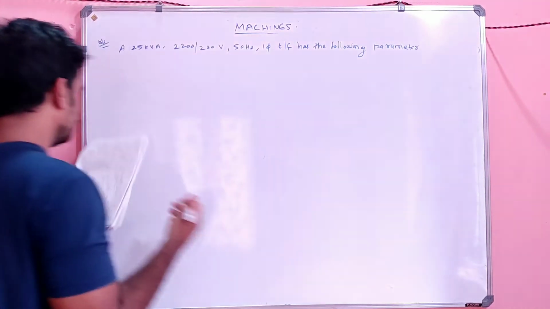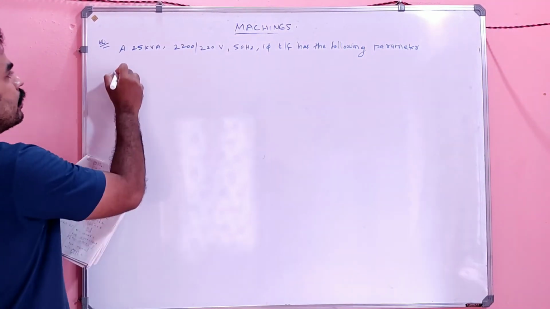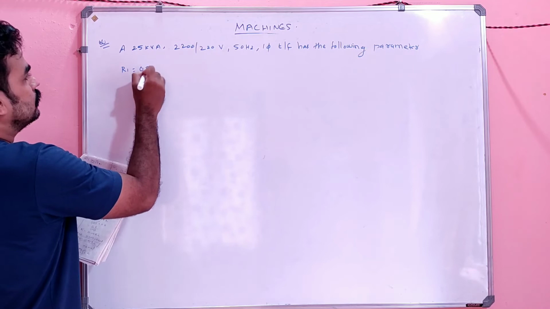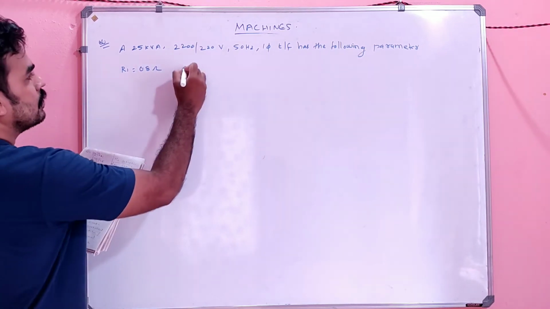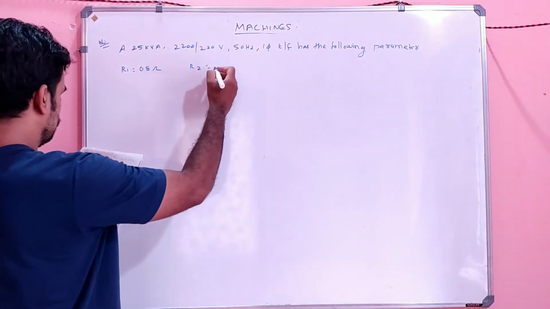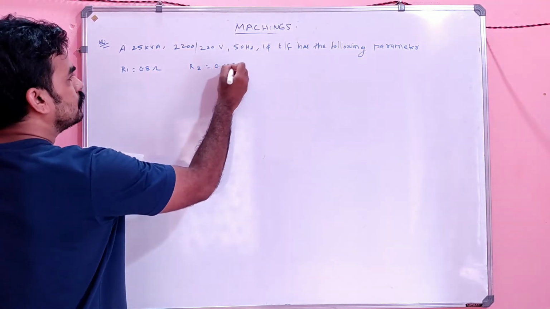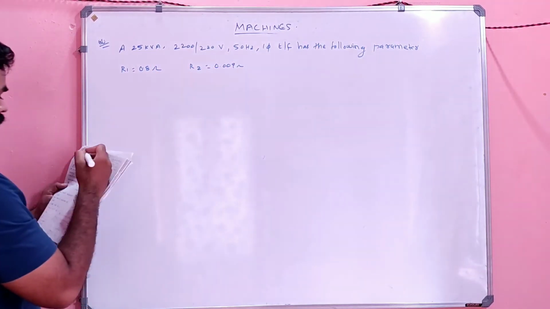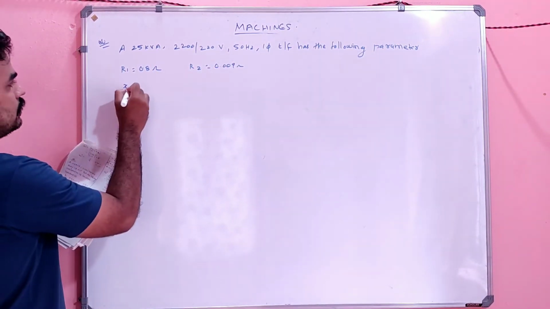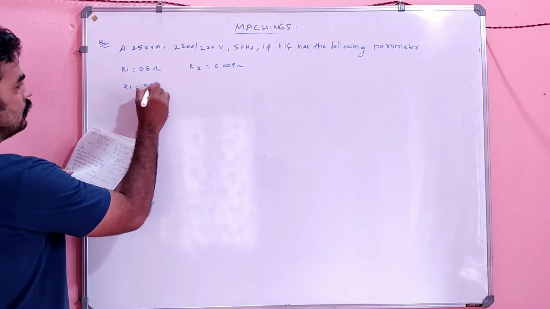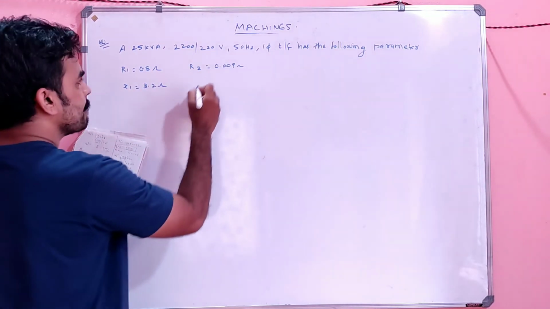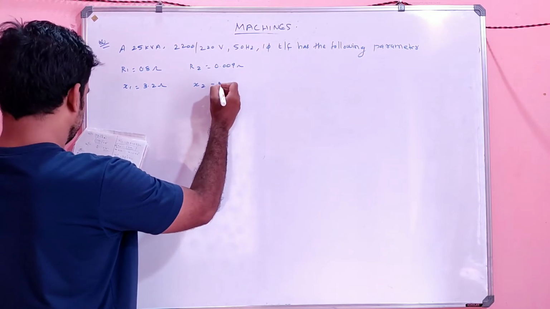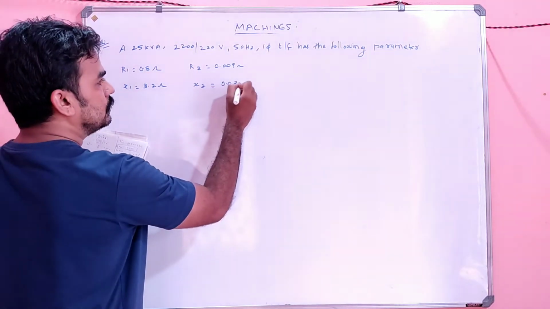No need to write resistance and leakage reactances. R1 equal to 0.8 ohm, R2 equal to 0.009 ohm, X1 equal to 3.2 ohm, X2 equal to 0.03 ohm.